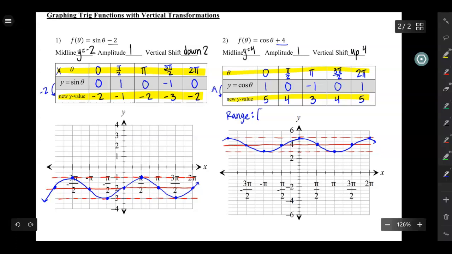So really, I just need to write my range using those two numbers. The lowest I can go is 3. The highest I can go is 5. So my range would be from 3 to 5. So even though this graph goes on forever and ever to the left and right, it's just going to keep bouncing back and forth between 3 and 5, 3 and 5, 3 and 5, and all the values between.